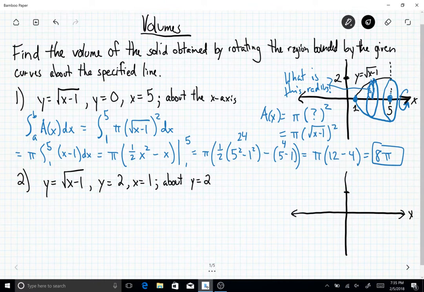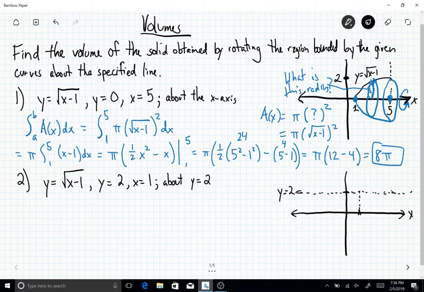So let's say this is y equals 2. And don't let your eyes fool you, that's a straight line. Once again, we have y equals 2 right here, and then we have this natural bound of x equals 1.